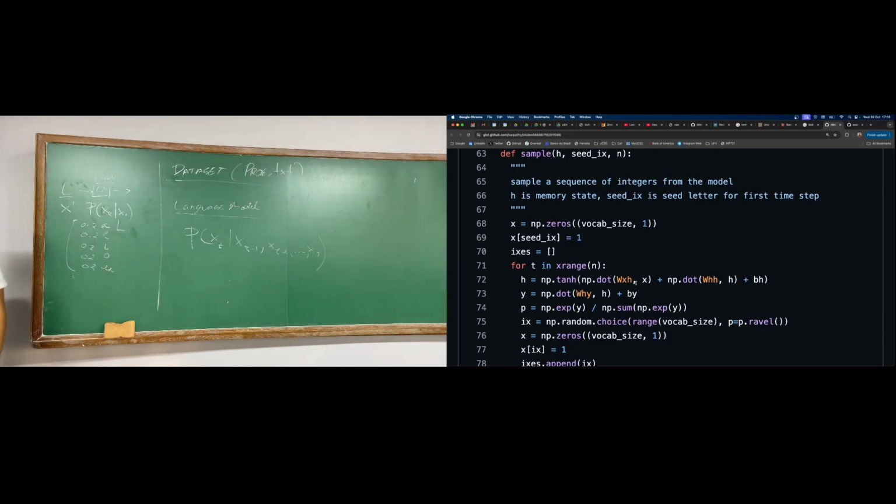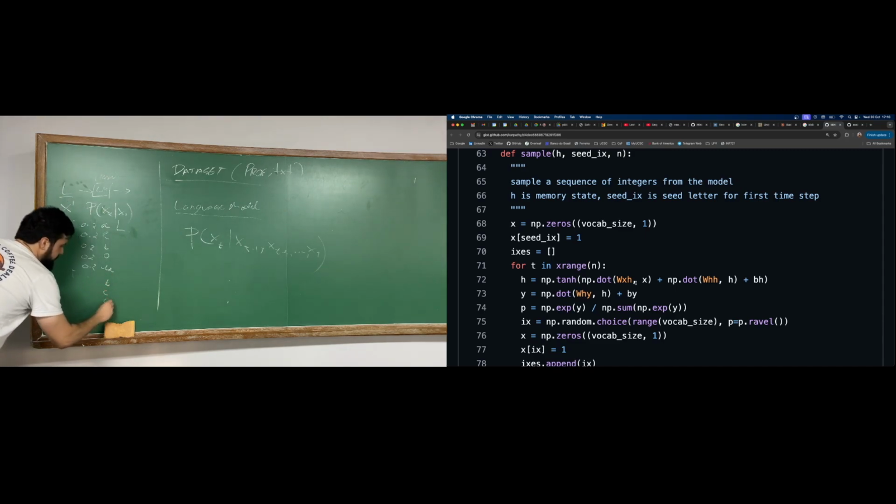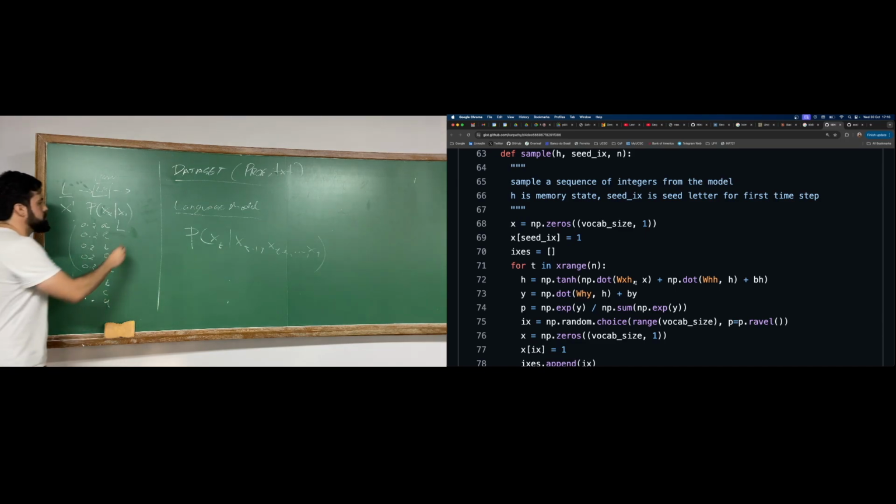And here's the code to sample. Basically, I'm going to choose a character at random following this probability. All the other characters, B, C, D, E, will probably have 0 probability, but they will be in the distribution. So it's not uniform. But I would sample from this distribution, and maybe the next character would be I.